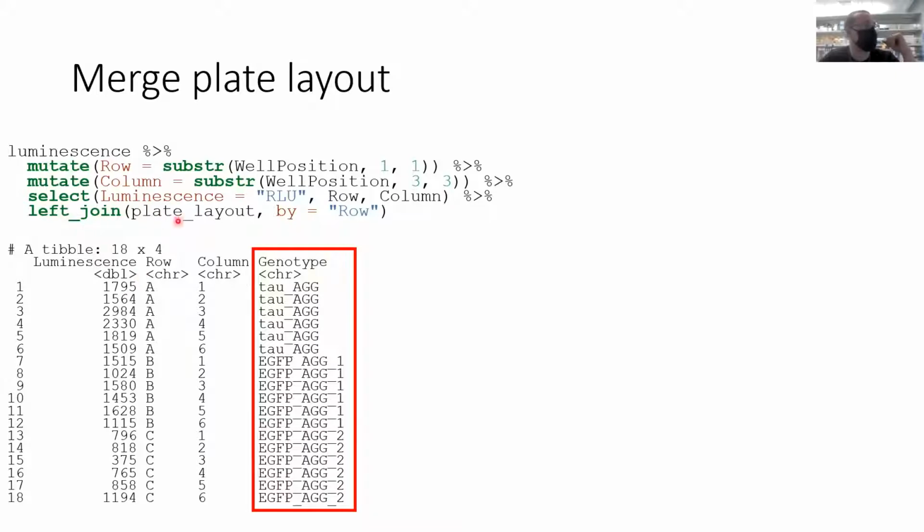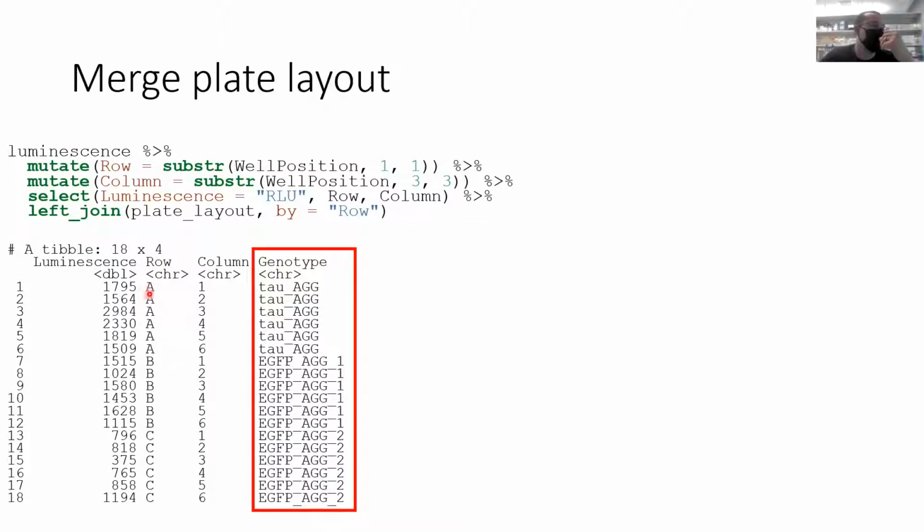So this is what this left join does. We merge together the two data frames, and this by equals row tells it that we want to match the data frames up by the value of this right here, because both the luminescence data frame and the layout data frame have a column called row that contain the elements A, B, or C. So you can now match them according to that. Does that make sense? Yeah. Okay, and that's all it does.